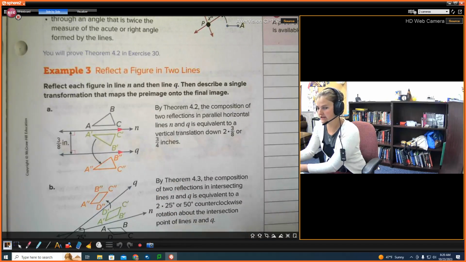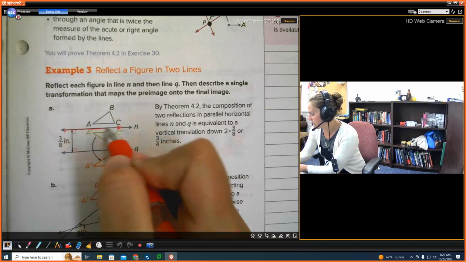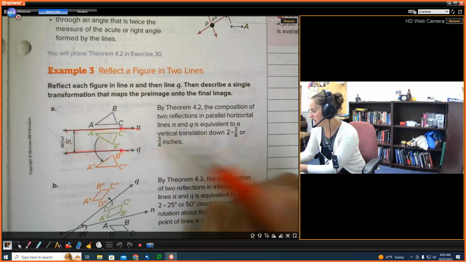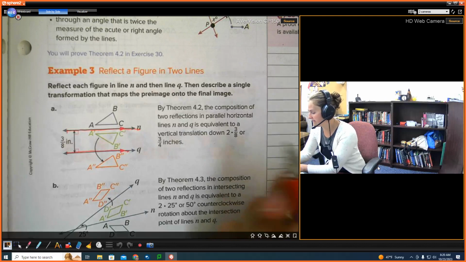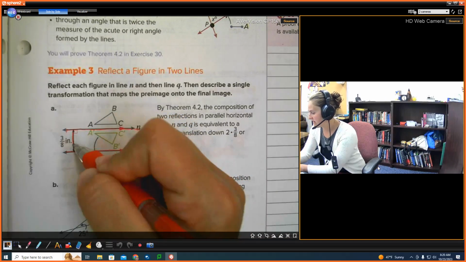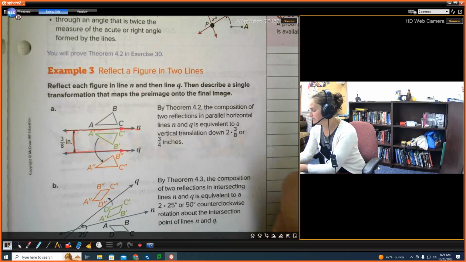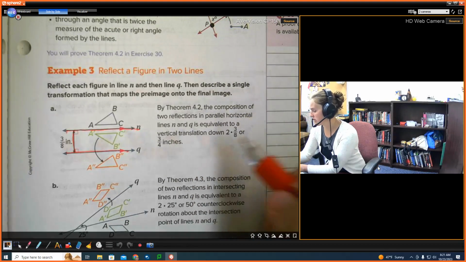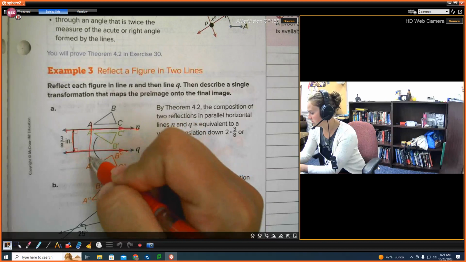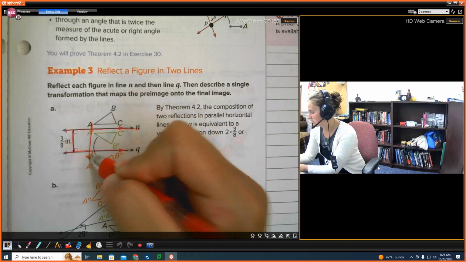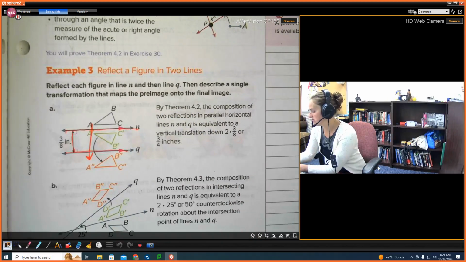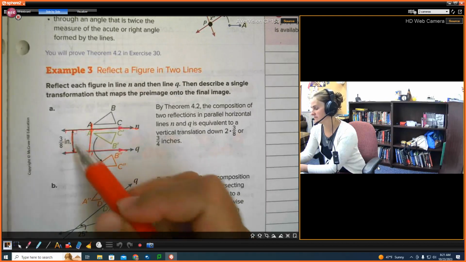A translation, that's right. So we are reflecting over these 2 parallel lines, and the distance between the lines is 3/8. So how far is our translation going to go? If this distance is 3/8.